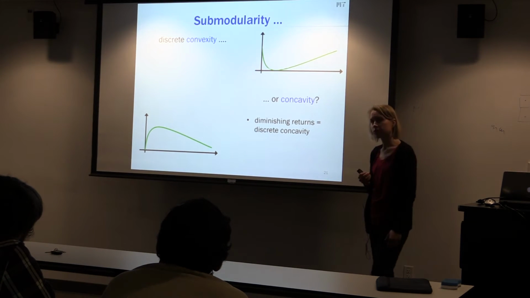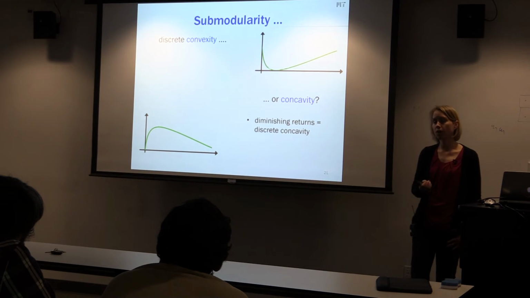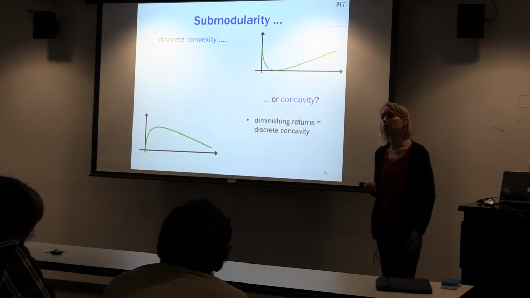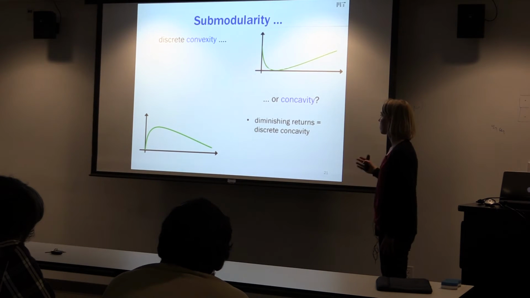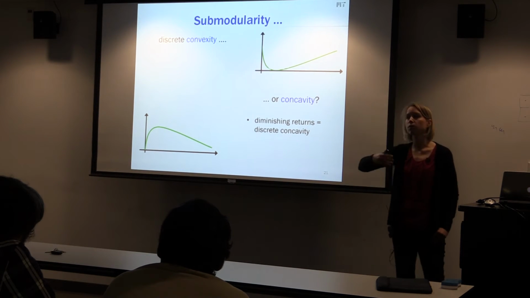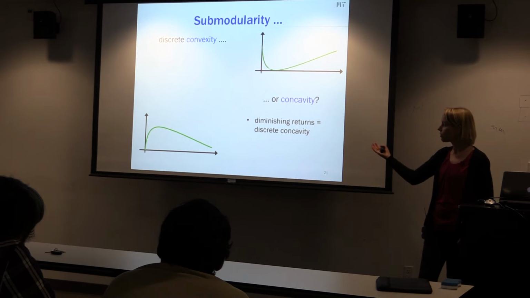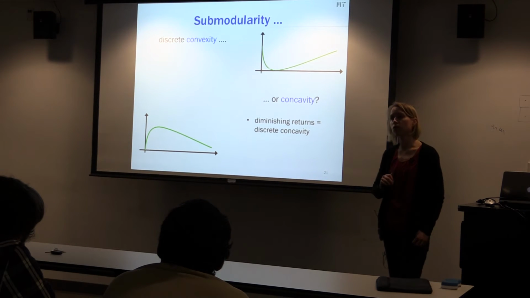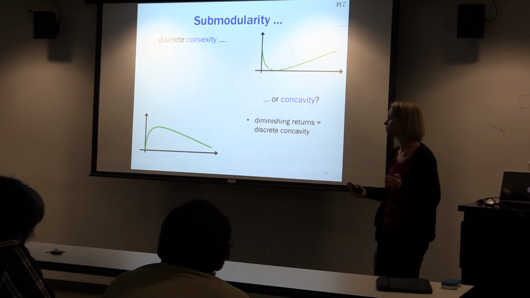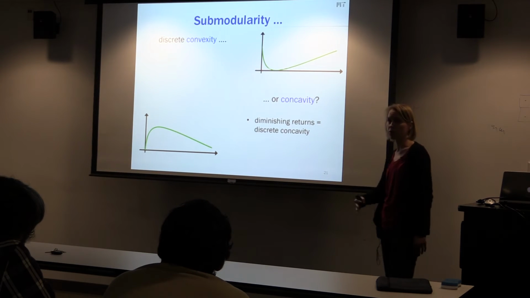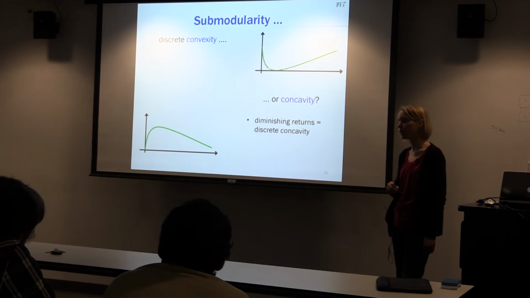So are submodular functions then really more like concave functions or more like convex functions? Essentially there are arguments both ways. You could argue that submodularity is a discrete notion of concavity, with some more properties related to concavity, for example, you can construct submodular functions from concave continuous functions.